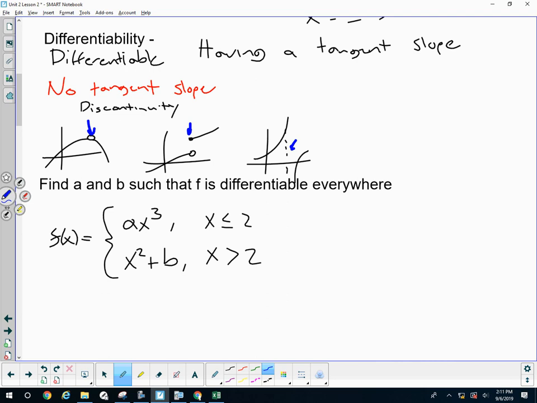There's another situation where you don't have a tangent slope. And that's if your graph has a sharp point or a cusp. Now, let me show you something like that. At this location, you do not have a tangent slope.